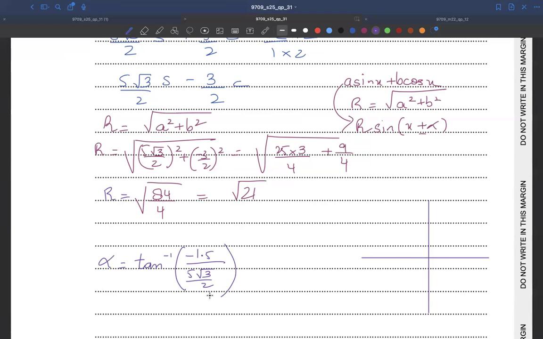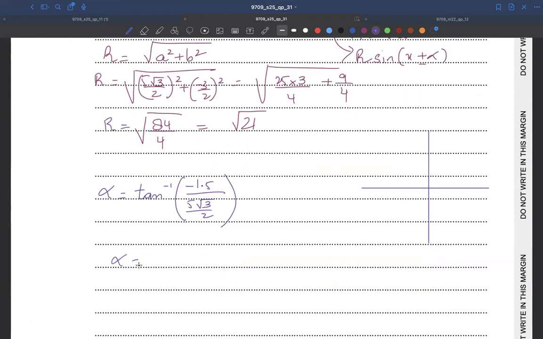So we'll get shift tan inverse of minus 1.5, and then we divide it by, in the denominator we have 5 root 3 divided by 2, and the answer is minus 0.333. So alpha would be equal to minus 0.333. It is 0.3334, but we have to give it in 3 decimal places, so that would be minus 0.333.